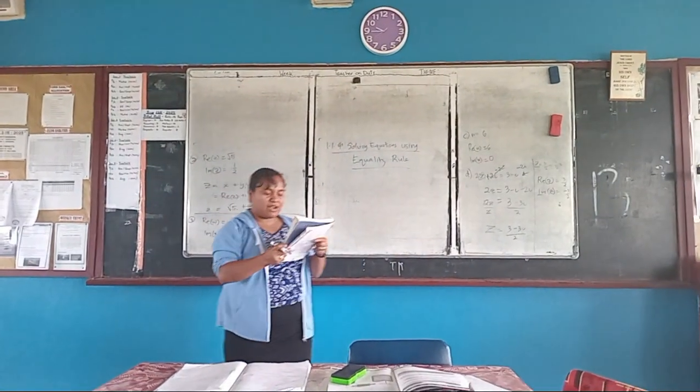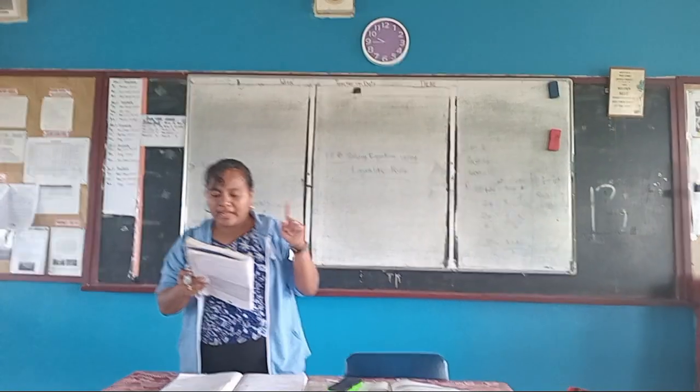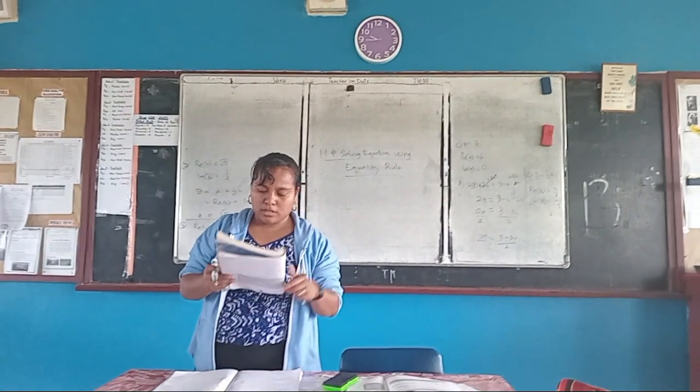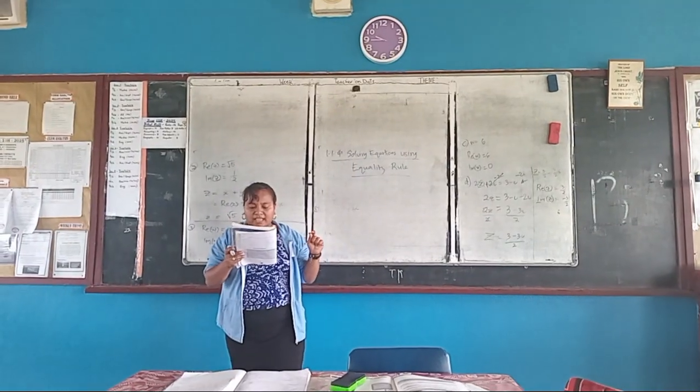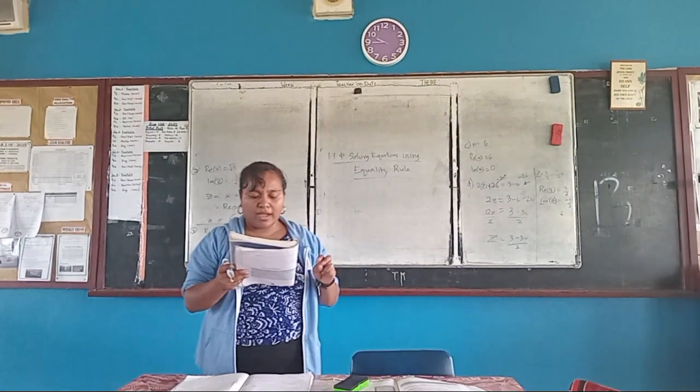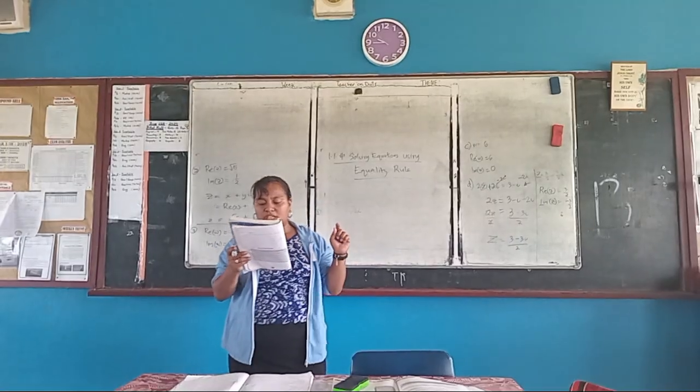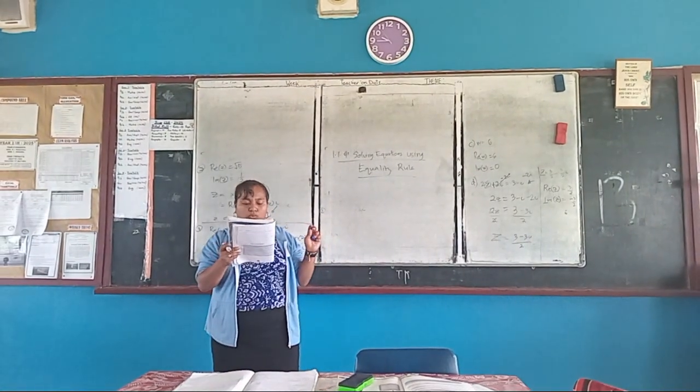Two complex numbers are equal only if the real and imaginary parts are equal. If they are equal, then it can be said that x is equal to a and y is equal to b. To solve this equation, take into account the equality rule.